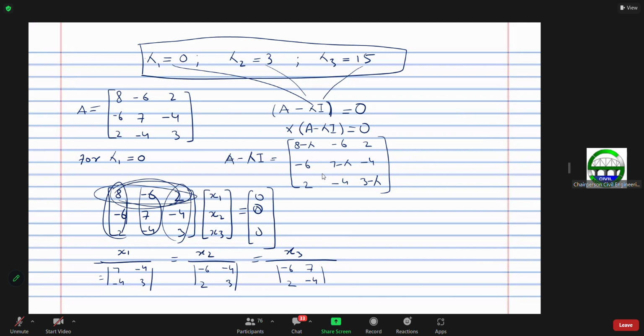Is it very difficult for you guys? This is a small determinant. It is a 2 by 2 matrix determinant. I cannot see any chat now.